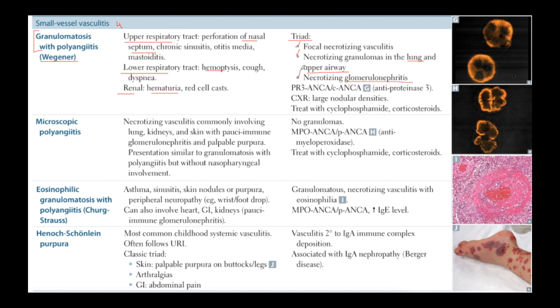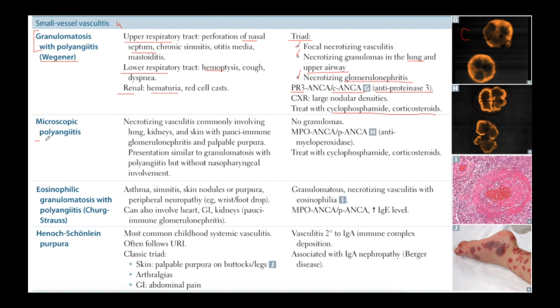And again, the serum sign we see here is C-ANCA, which is also known as PR3-ANCA or antiproteinase 3. And on chest x-ray, you can see large nodular densities. This is our C-ANCA right here. And again, you treat with cyclophosphamide and corticosteroids.